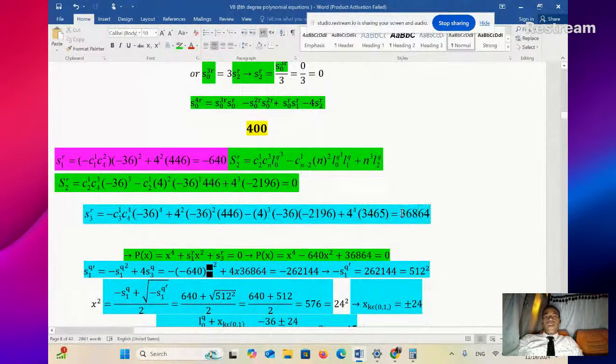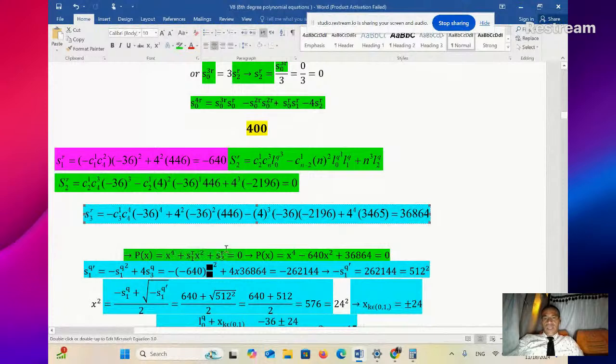Learners, if you calculate this, you will get 36,860.